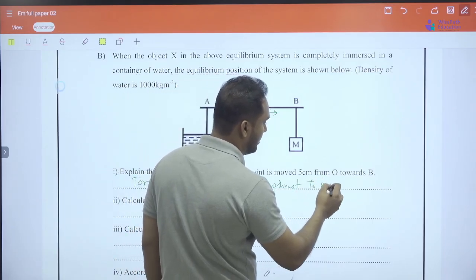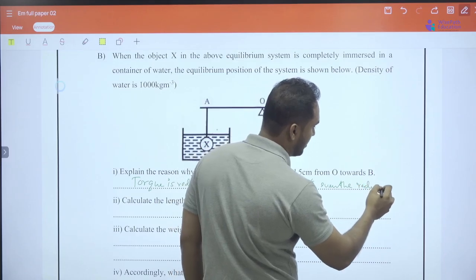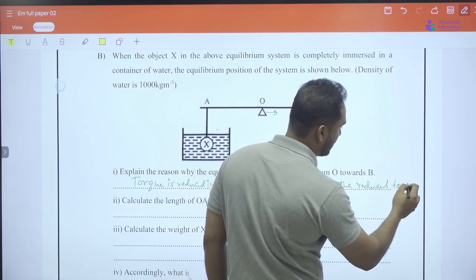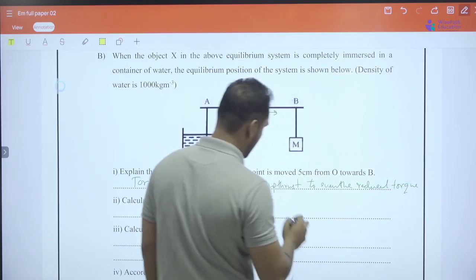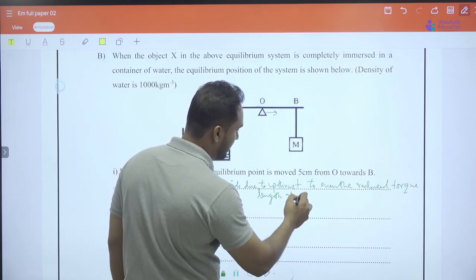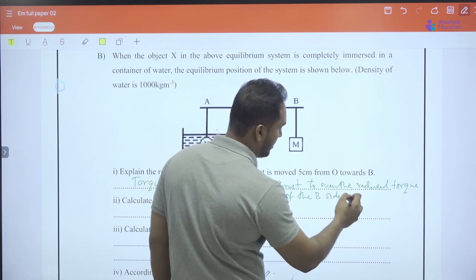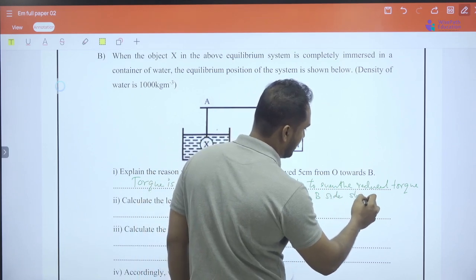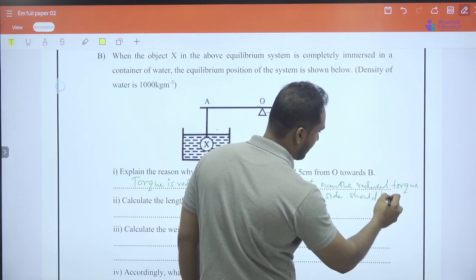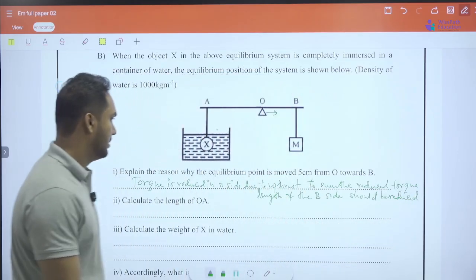To even out the reduced torque, the length of the B side should be reduced, isn't it? Should be reduced.